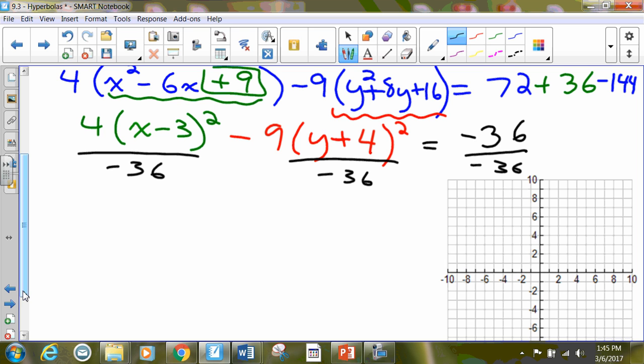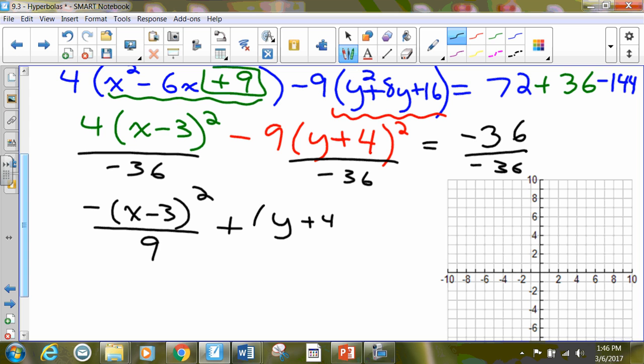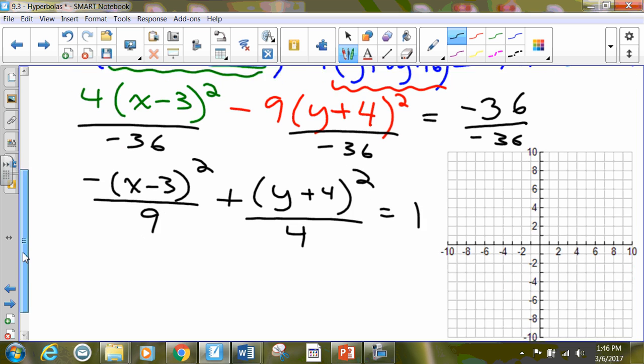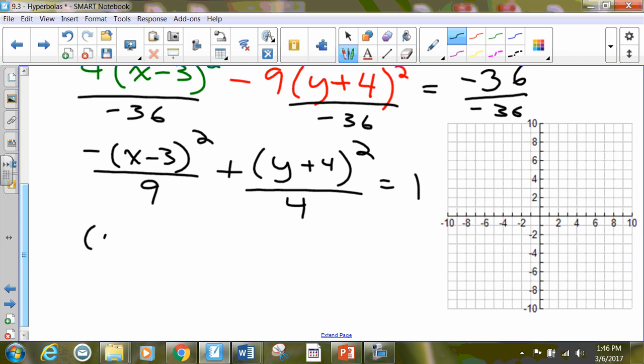Our negative shows up there, right? That becomes positive. Can we leave it like that? No. We can't leave it like that.